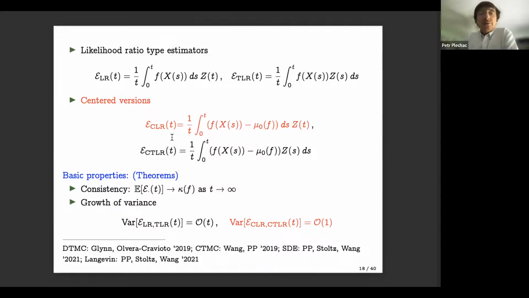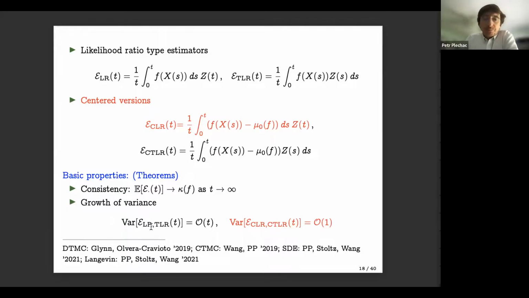That brings us to a modification which we called a centered estimator. There are two versions, and I will talk only about the first one, here in red. The reason it's called centered is that we center on the expected value, the mean of the observable, in this first piece, and then it's reweighted by the same process.